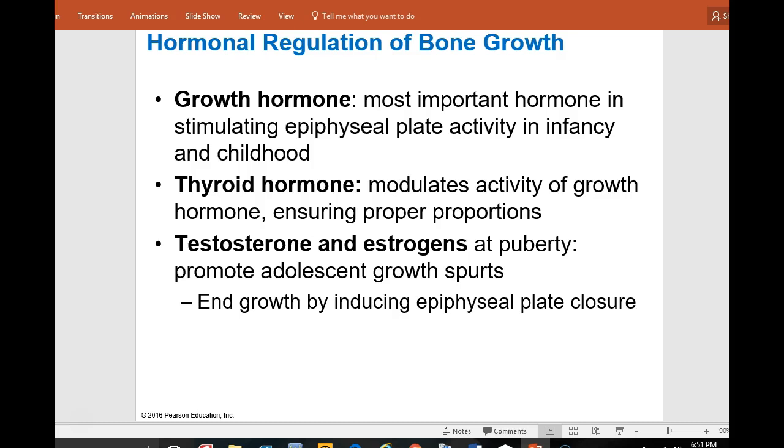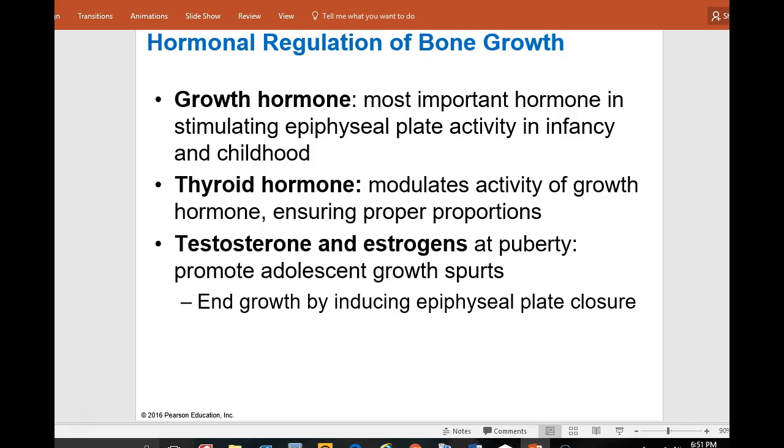Bone growth is regulated by hormones. Growth hormone, which is secreted by the anterior pituitary, is pretty important in stimulating growth of the epiphyseal plate while we're up until about puberty.